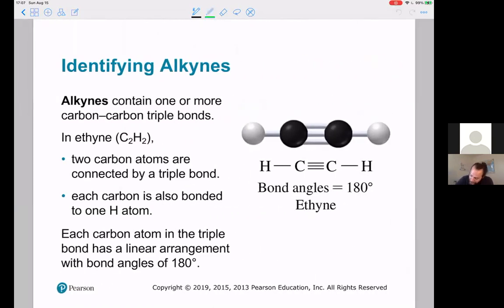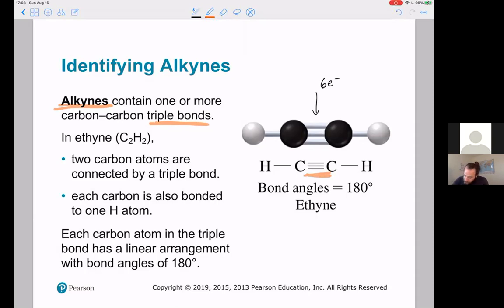An alkyne, what makes an alkyne is this triple bond. So a triple bond is the sharing of 6 electrons, and how we represent that in our expanded structures, our condensed structures, and our bond line structures is 3 lines.